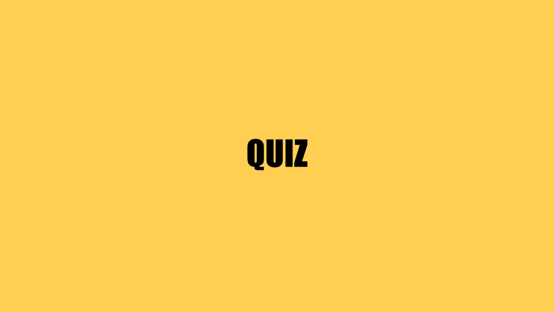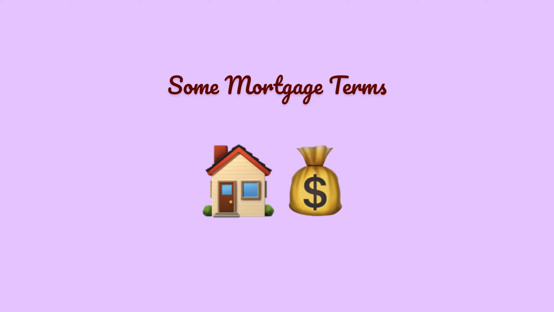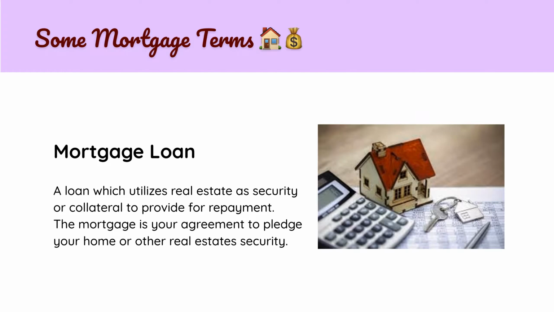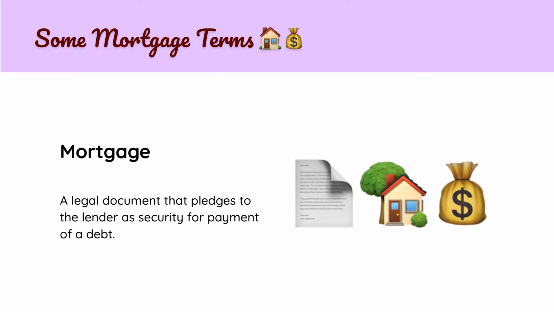Well, now to finish, let's review some mortgage terms. A mortgage loan. It's a loan which utilizes real estate as security or collateral to provide for repayment. Mortgage is a legal document that pledges to the lender as security for payment of a debt, so it is a document.